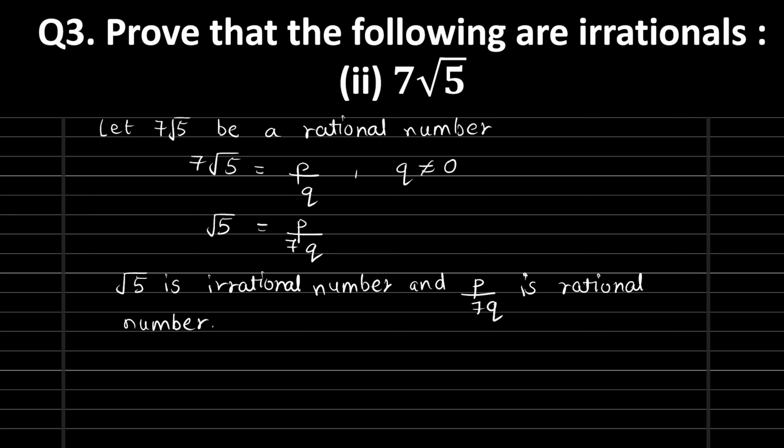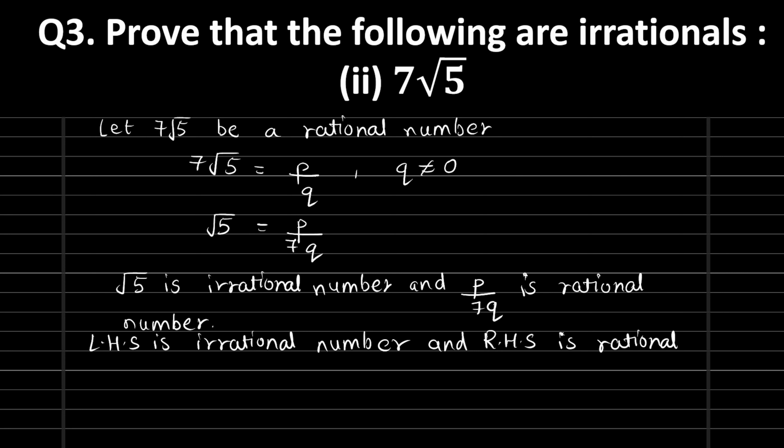So what did we get? The left hand side is an irrational number and the right hand side, RHS, over here is a rational number. Now we know that a rational number cannot be equal to an irrational number, right?